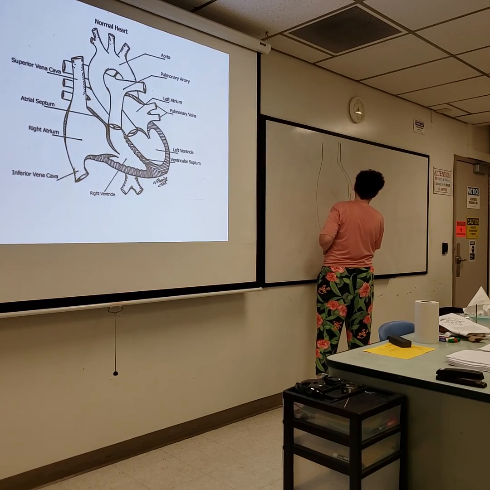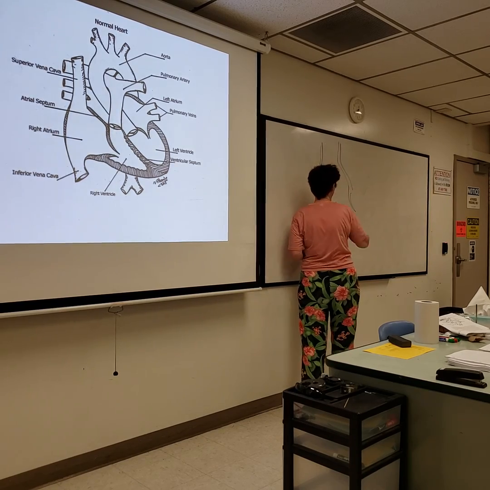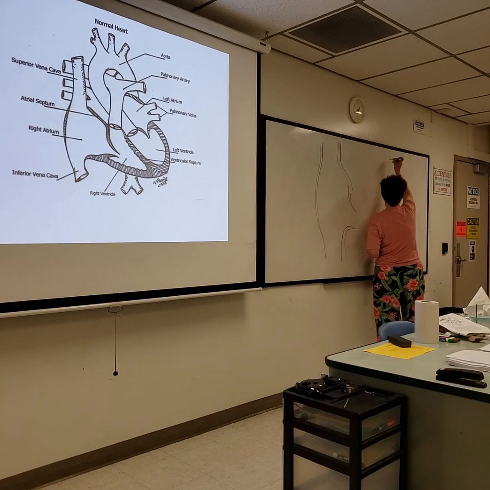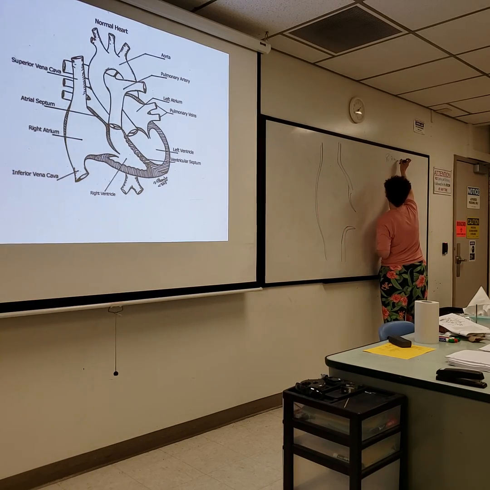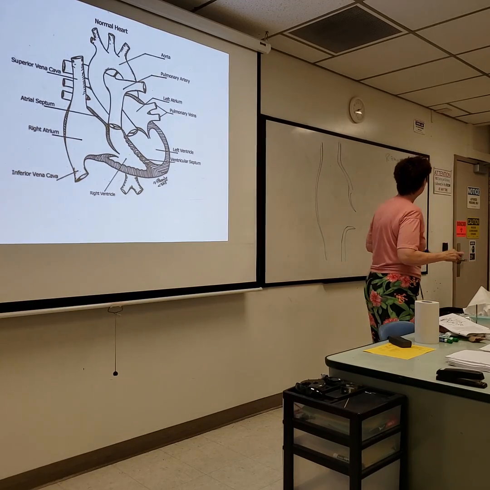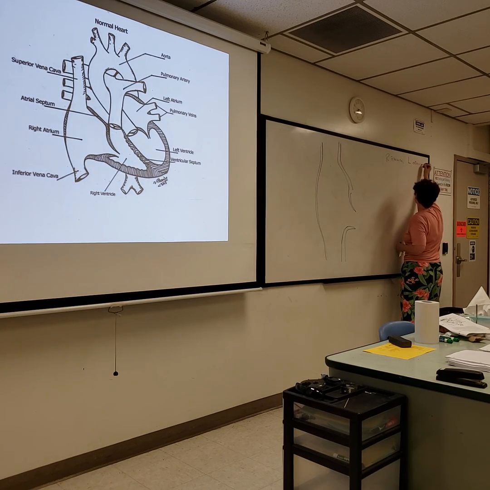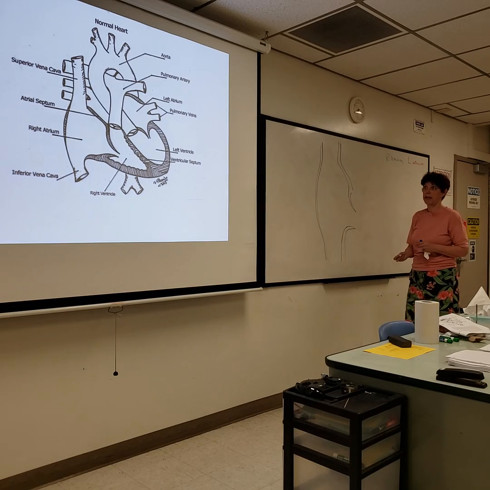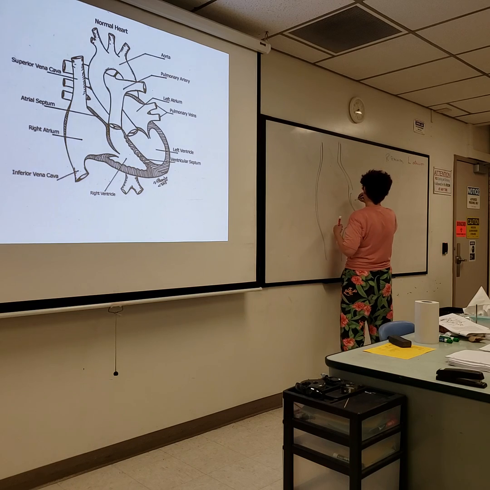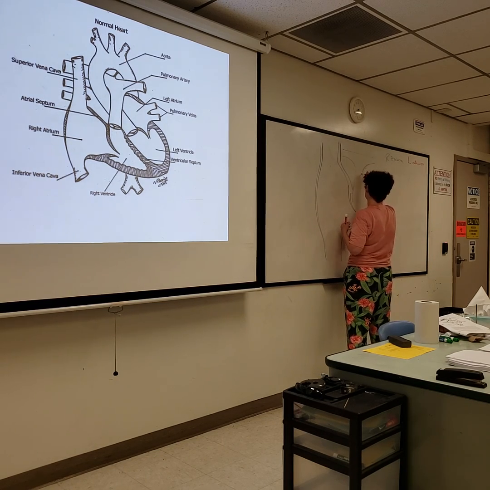And by gravitational force, that blood is flowing into the right ventricle. So our 2 receiving chambers are the right atrium, which is deoxygenated blood, I drew it in blue, and the left atrium. Let me finish drawing the pumping chambers.